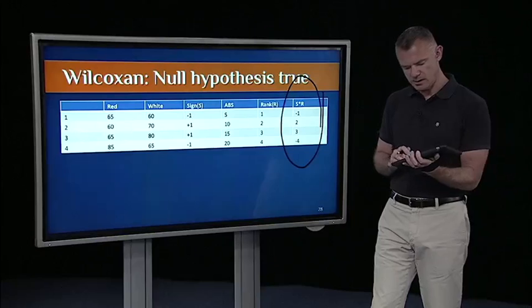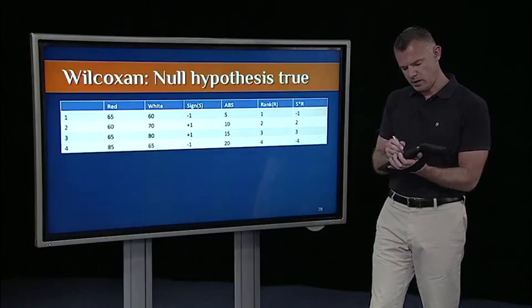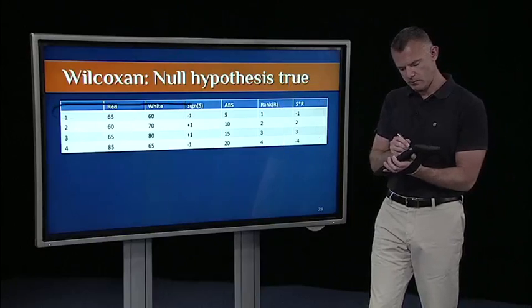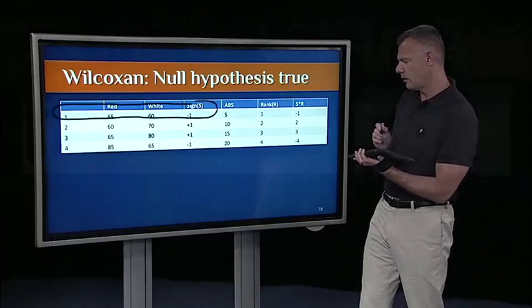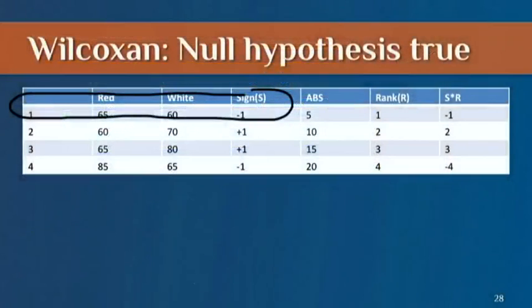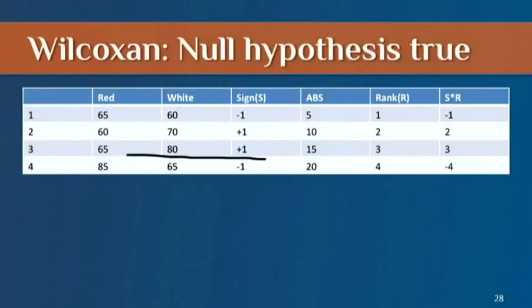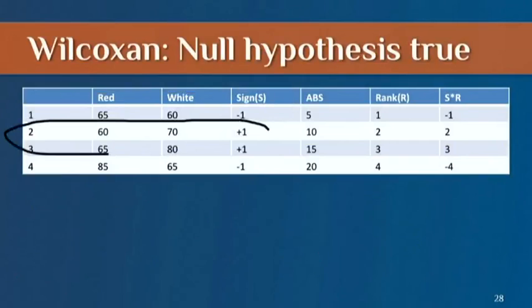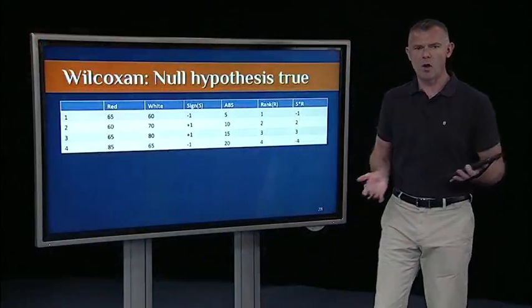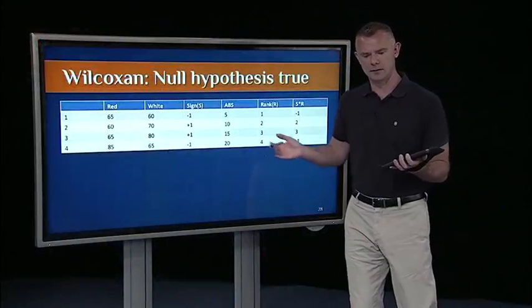Because you can see, this rater rated the red greater than the white, as did this rater, but the two in the middle did the opposite. So there's no effect here. The reds were liked just as much as the whites overall across this little example.